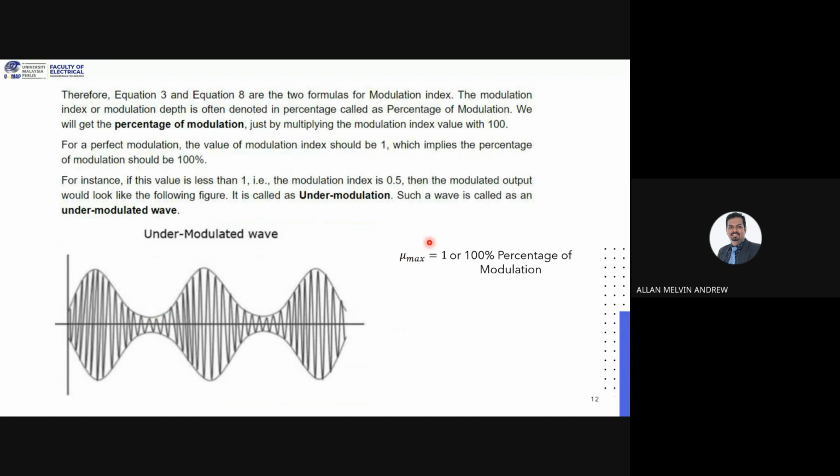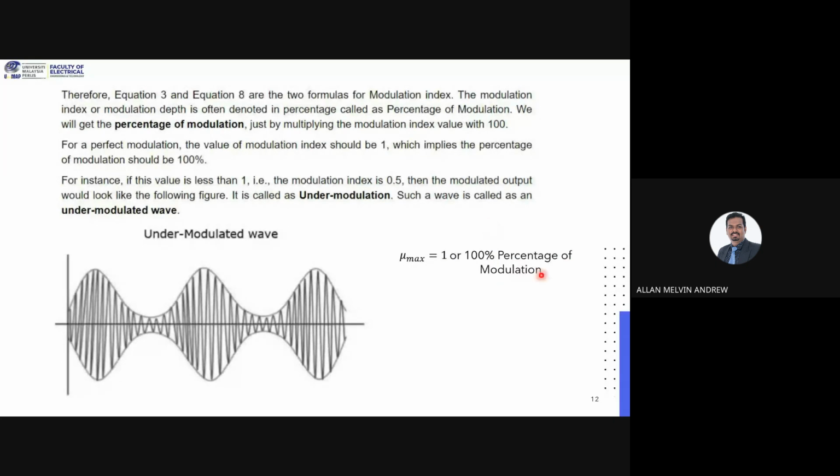So you can see here, let's say mu max equals 1. If you find the ratio, it will become 1, or you times it by 100. So whatever value you get for the modulation index, you times it with 100, and you can calculate it as a percentage of modulation. So the maximum is 1, then you times with 100, so you get 100% modulation.